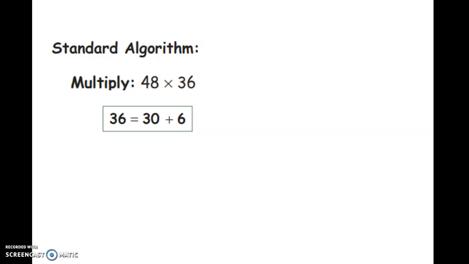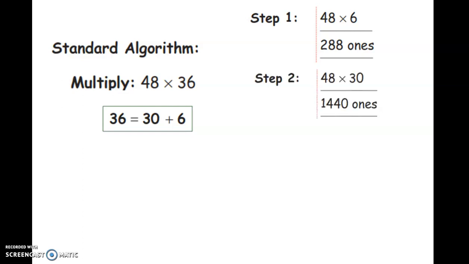Okay friends, ones and tens. Step 1: 48 multiplied by 6 is equal to 288 ones. Step 2: 48 multiplied by 30. That is tens.